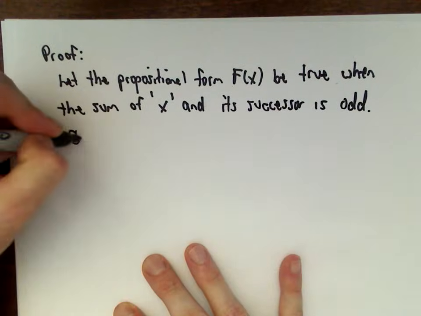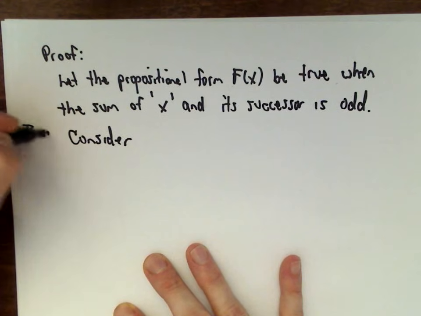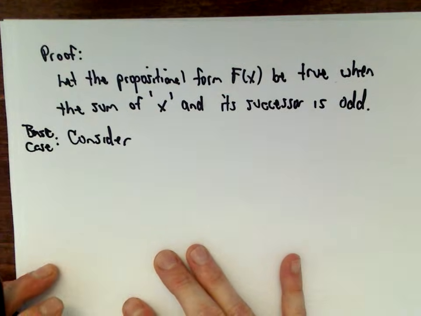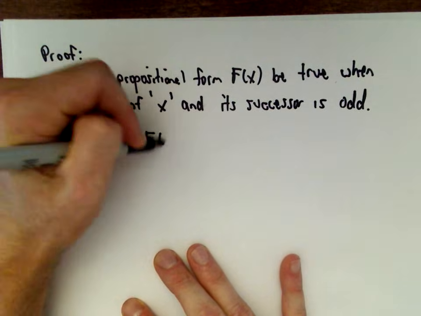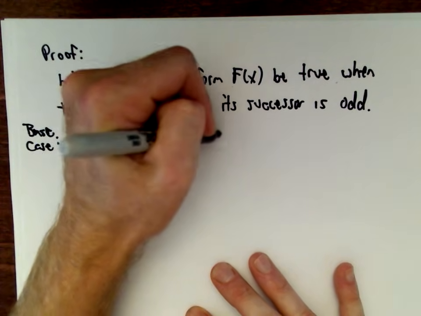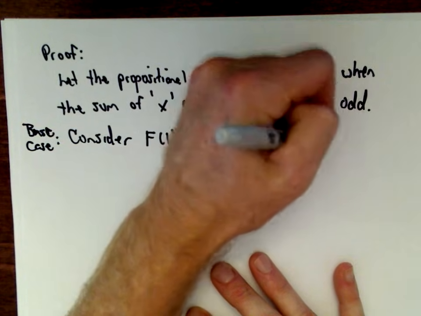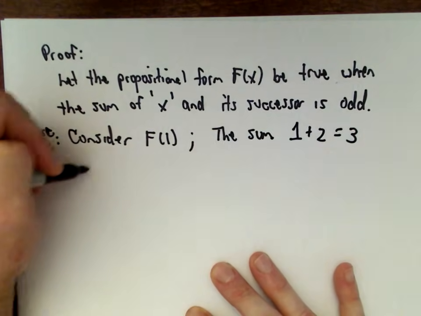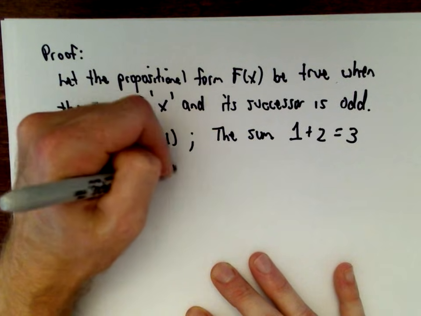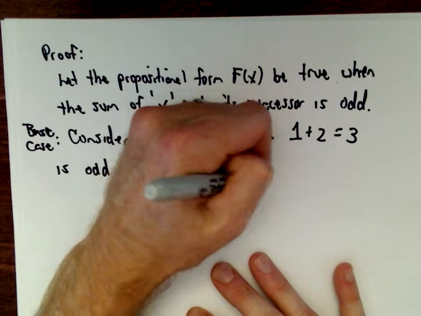So let's consider our base case here. Our basis, or base case. Let's consider the propositional form f of 1. Notice the sum 1 plus 2 equals 3 is odd, because we can show there exists some k that belongs to the integers.